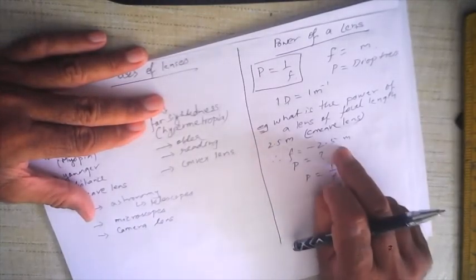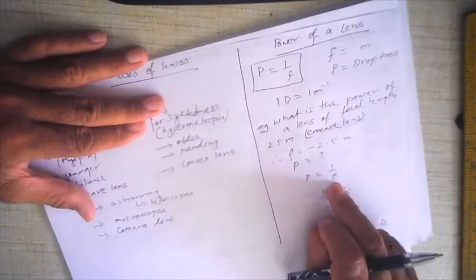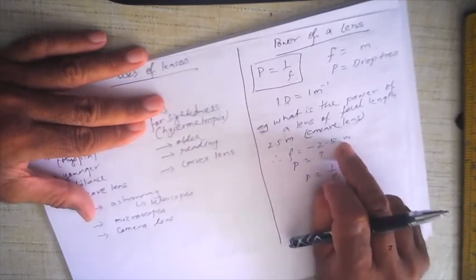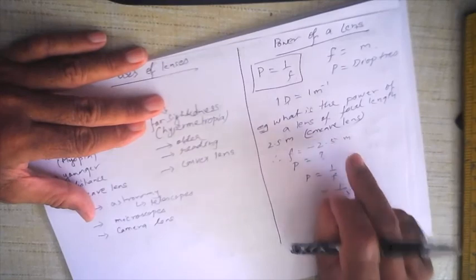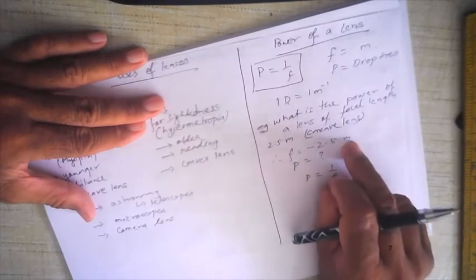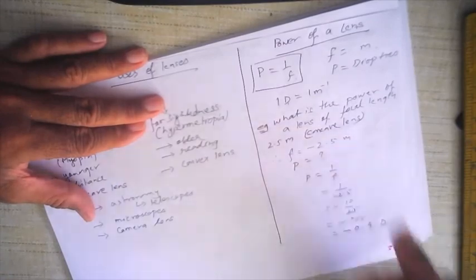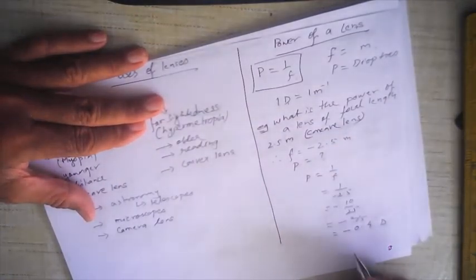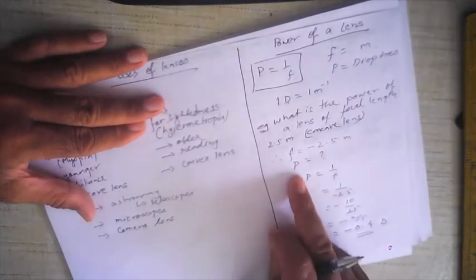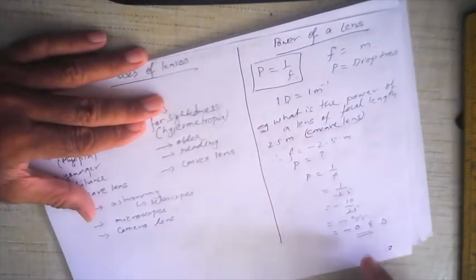If it is not given in meters, you have to convert to meters. For example, if focal length were 50 centimeters, that means half a meter. Convert and calculate, and that means the power of this lens is minus 0.4 diopters.